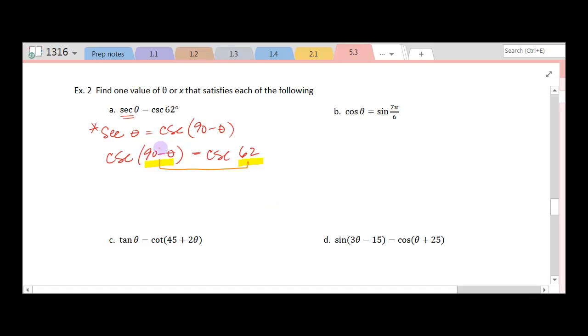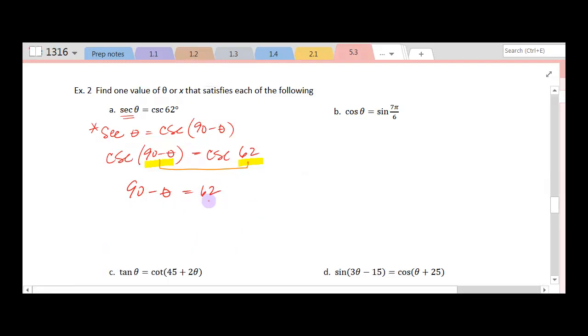In other words, we're going to take out the angle, which is 90 minus theta, set that equal to the angle on the other side, and then solve. So I am going to add theta to the right-hand side and subtract 62 from the left-hand side, and I find out that theta is equal to 28. So that's applying the cofunction identity using degree measure.